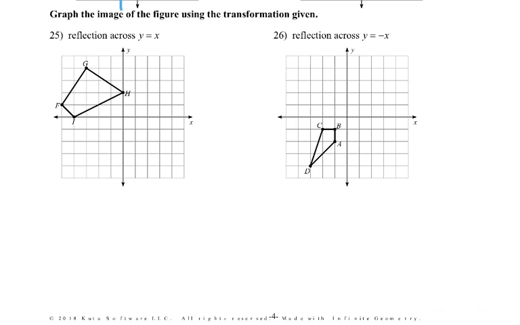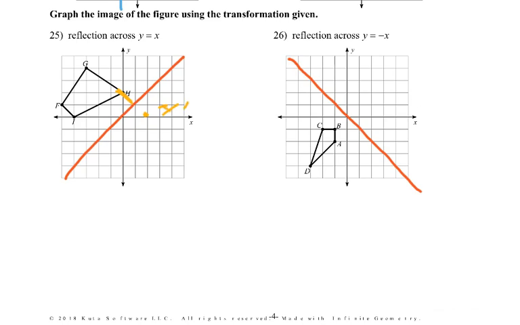Now it gets more tough with reflections when you deal with y equals x. Y equals x is that line right there. Y equals -x is that line right there. Two ways that I generally do. I can just kind of diagonal measure from that line and realize that H prime is going to be right about there. If I could actually draw on that line, that would be even better.